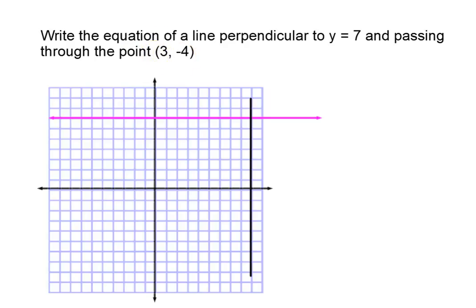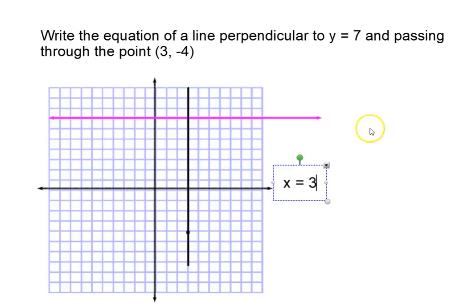So I'm going to find the point (3, -4), over 3 down 4 is right here. So I can drag our line over there, and I want to know what is the equation of that line. Well, it's a vertical line, so it's going to be an x equals line, and what are all the x's on that line? They're all 3's. So the equation of that line is x equals 3.